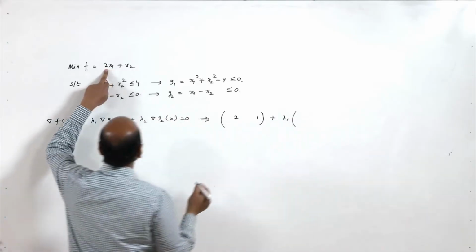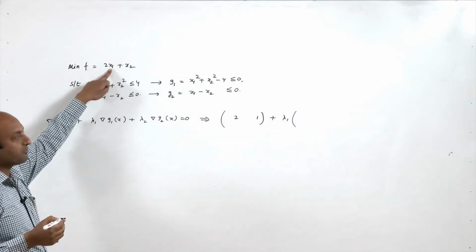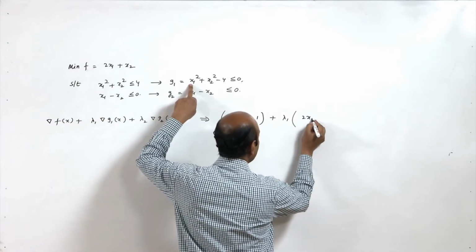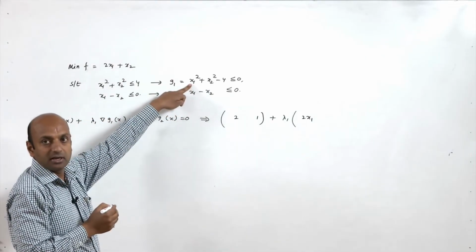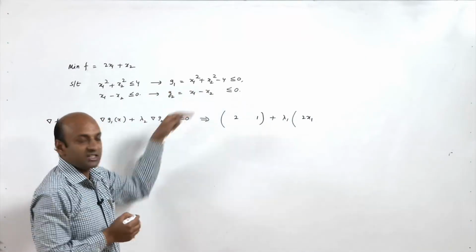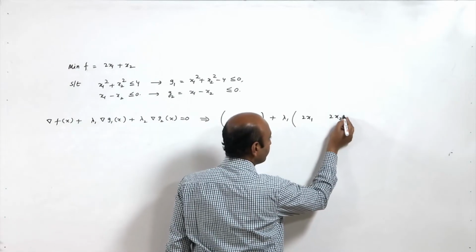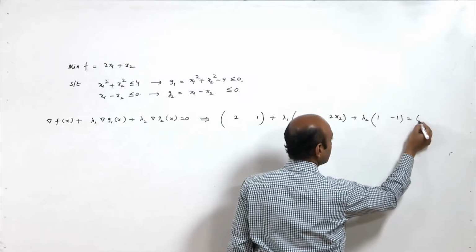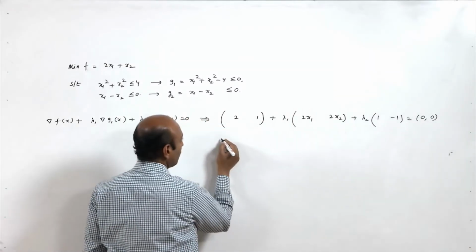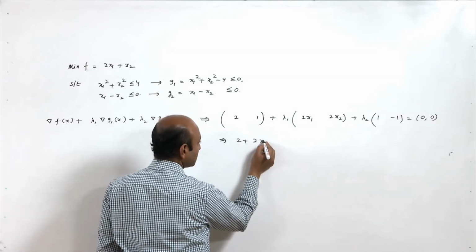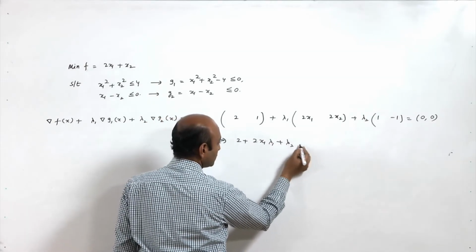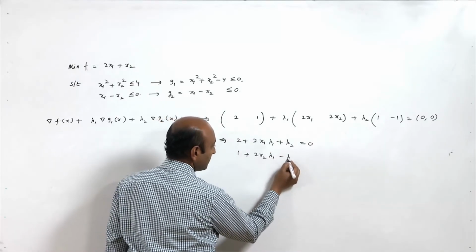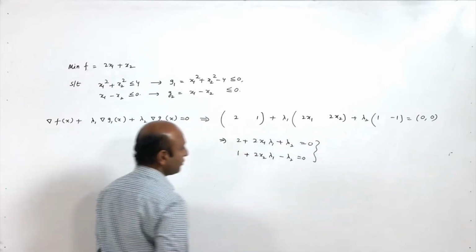Lambda 1 times the gradient of g1: del g1 by del x1 is 2x1, del g1 by del x2 is 2x2, plus lambda 2 times 1, minus 1, equal to 0, 0. So, what we obtain from here is 2 plus 2 x1 lambda 1 plus lambda 2 equal to 0, and 1 plus 2 x2 lambda 1 minus lambda 2 equal to 0. So, these are two conditions we obtain from here.